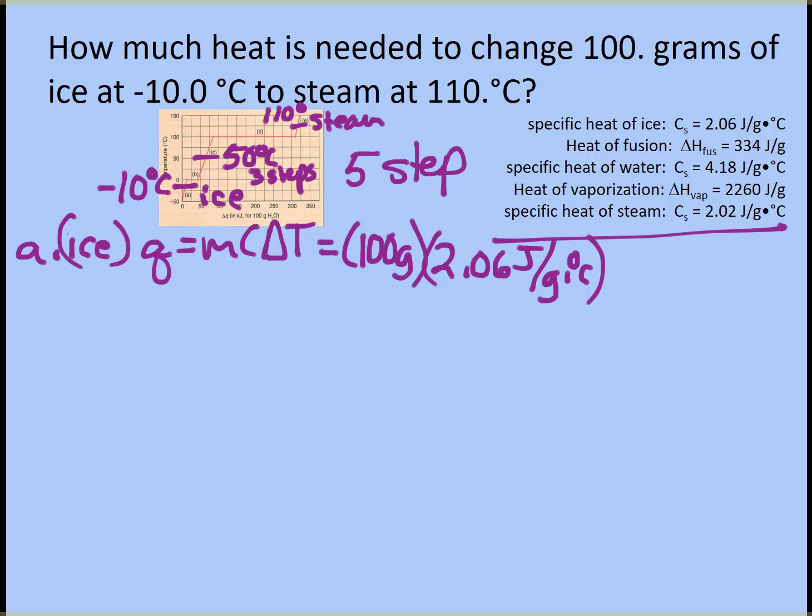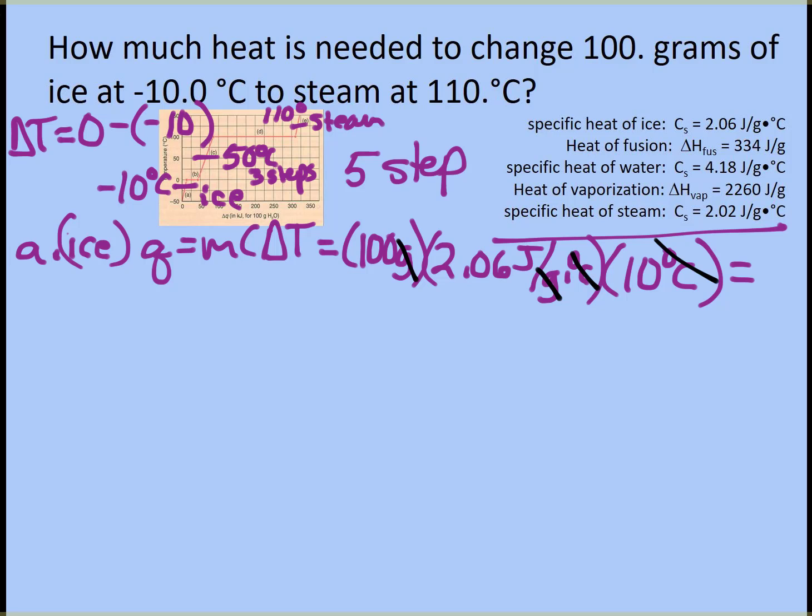My change in temperature, delta T, is again final minus initial, so I have 0 minus a negative 10, and that is going to be a positive 10. Let's cancel out our units, and I am left with joules, and doing the math, I get 2060 joules. That's just to get my ice up to the point where it's going to melt.